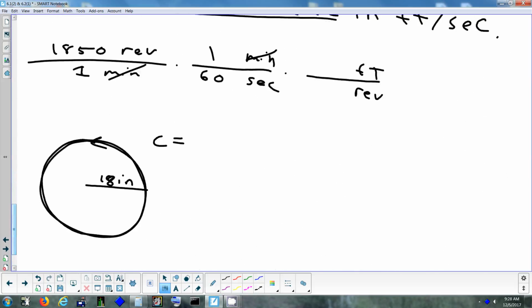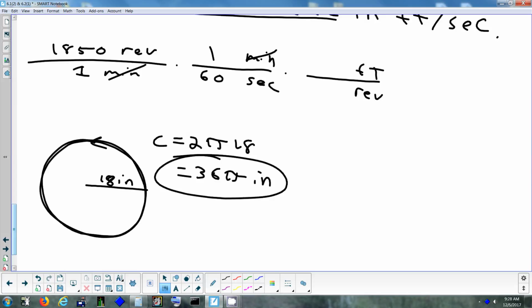It's not 2 pi r? Yep, so 2 pi 18. So my circumference is 36 pi inches. Feet. Oh, wait a minute. No, that's inches.